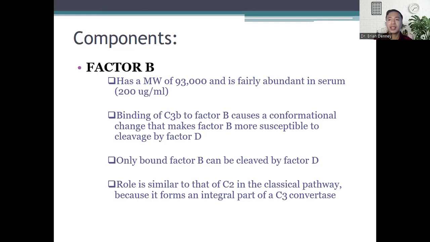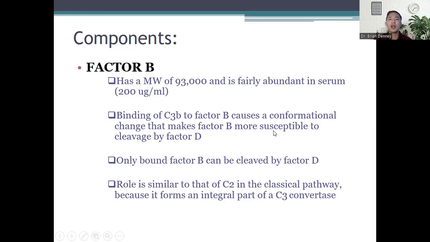No more "factor"? You only use the word factor denoting that this complement protein is inactive. But once factor D binds to the complex formed by C3b and factor B, called C3b factor B complex, this causes cleavage of your factor B producing Bb and Ba.